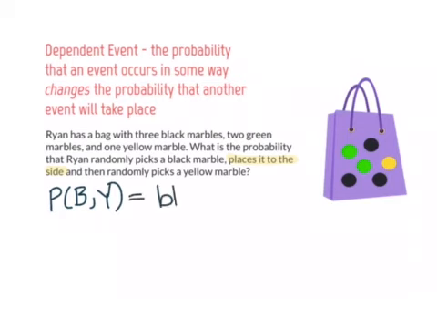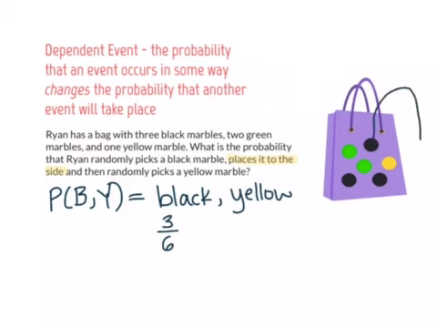When finding the probability of the black marble, there are 3 marbles to choose from out of 6. Now when we're finding the probability of the yellow marble, we had just taken a marble out and put it to the side. Let me represent that by taking away that marble, and I'm going to try to make it look like it's disappearing.